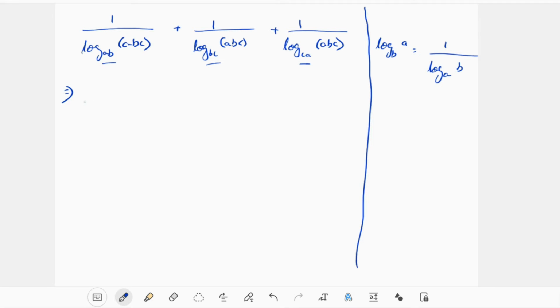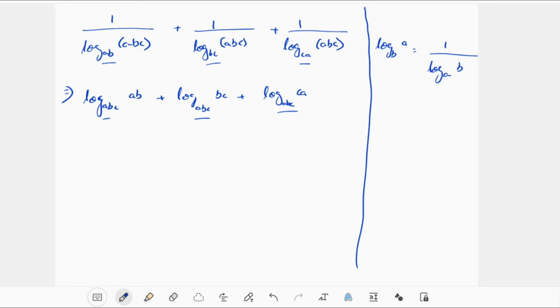So when I do that, I'll be having log of AB to the base of ABC plus log of BC to the base of ABC plus log of CA to the base of ABC. Now you see here the bases in all three logarithms are the same. ABC is the common base for all the three logarithms. So now it is easy for me to perform the operations.